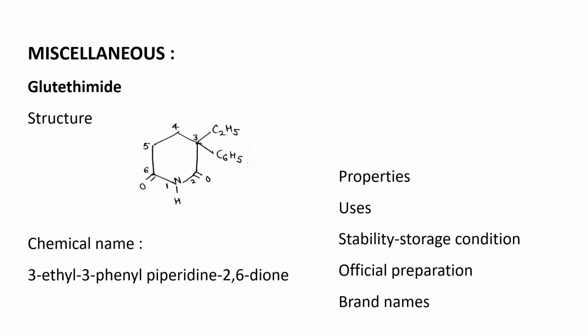Uses: it is used to induce sleep and to relieve anxiety and tension states. Official preparation: glutathione tablet, which is official in British Pharmacopoeia. Brand names: Doridane, Glymid, that are the trade names of your glutathione.